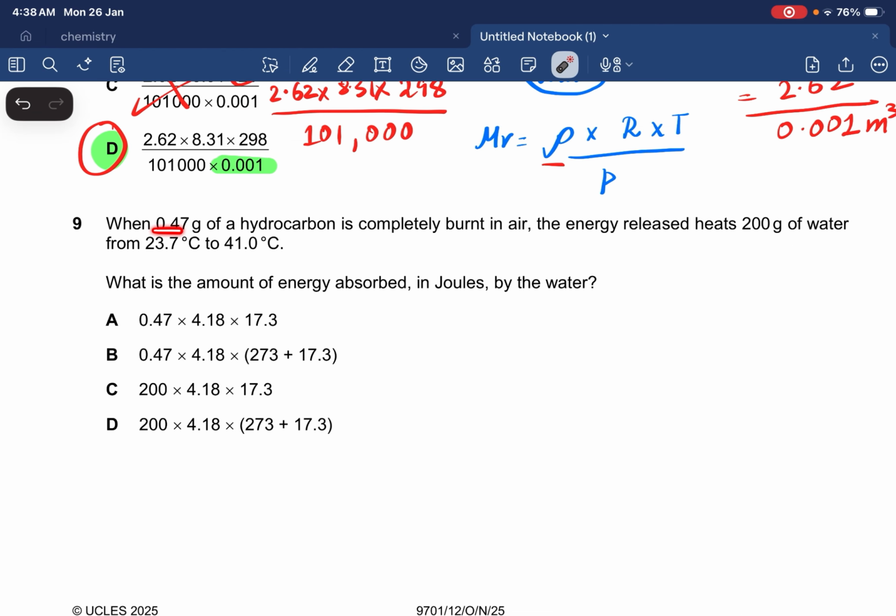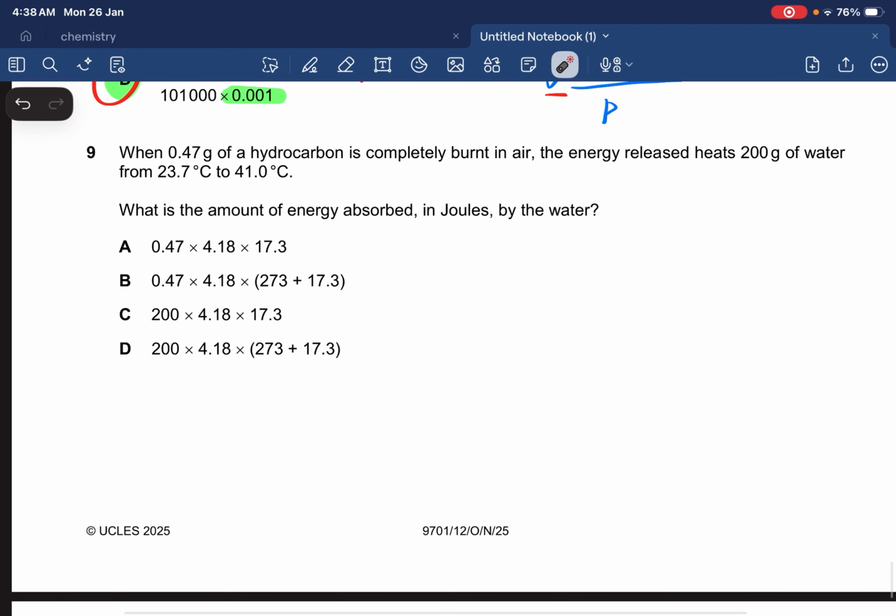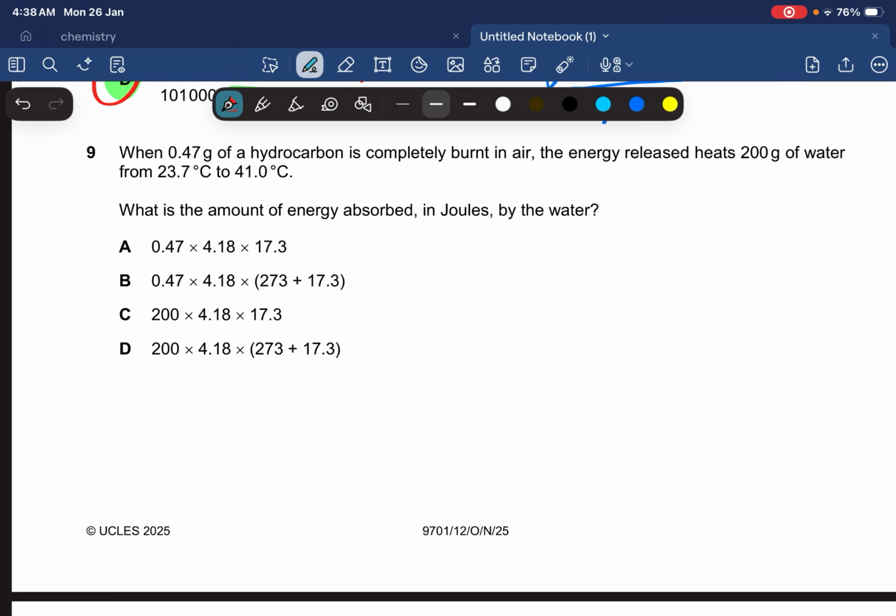When 0.47 gram of a hydrocarbon is completely burnt in air, the energy released heats 200 gram of water from this to this. What is the amount of energy absorbed in joules by the water? So first we have a very basic formula that we use: Q equals mc delta T. Q is basically the energy, which we don't have.